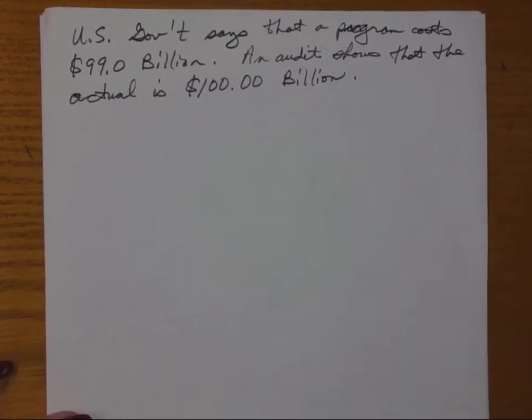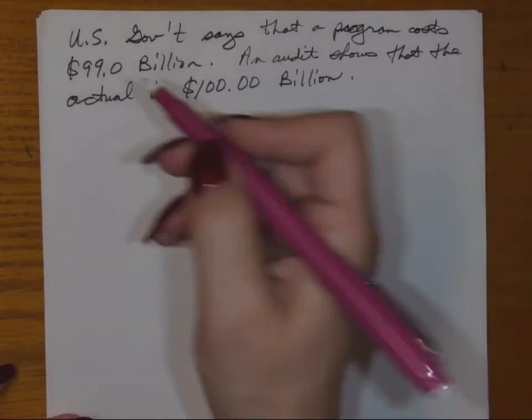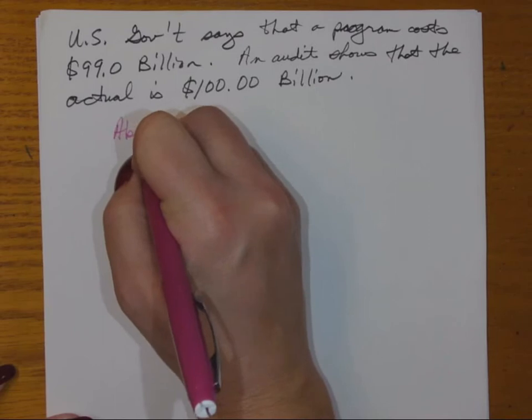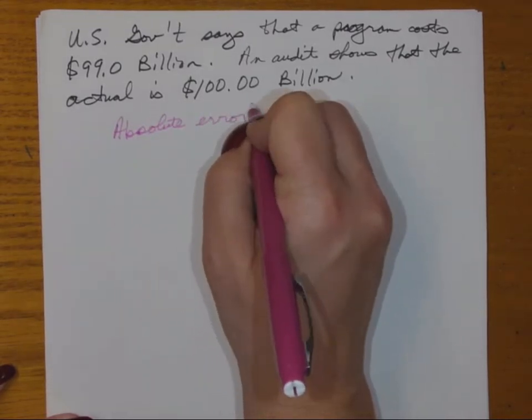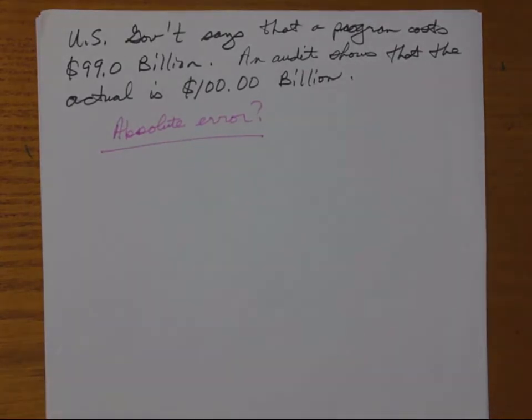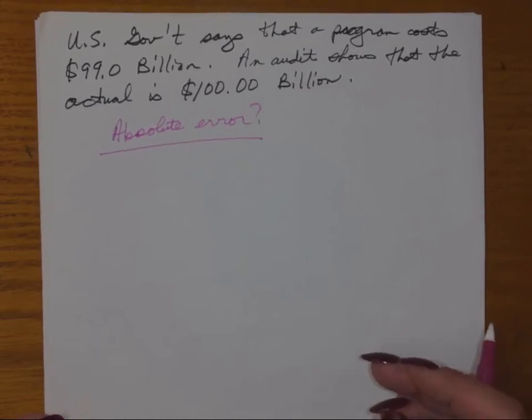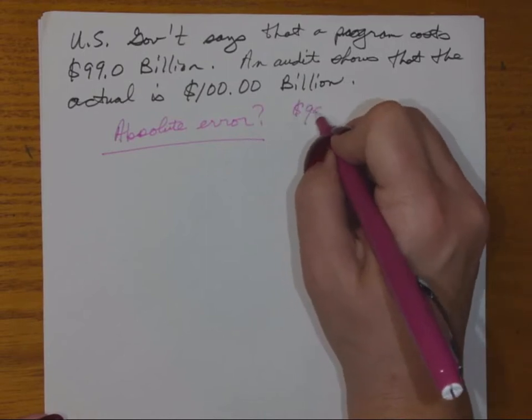So let's do some calculations here. First up, what's the absolute error? Now be careful with this because remember that you want the measured value first. So what are they telling me? They're telling me $99 billion, right?